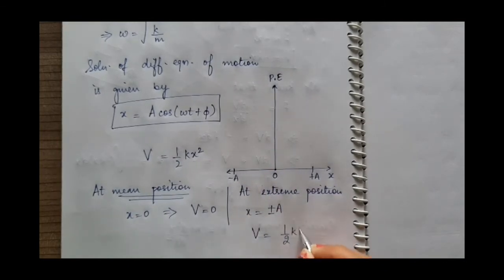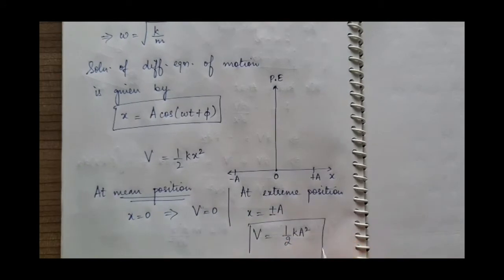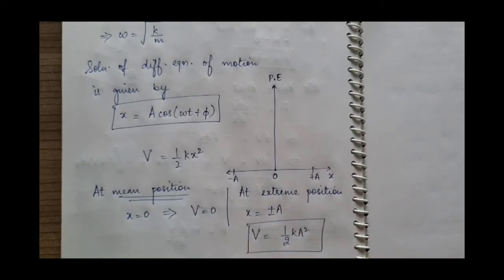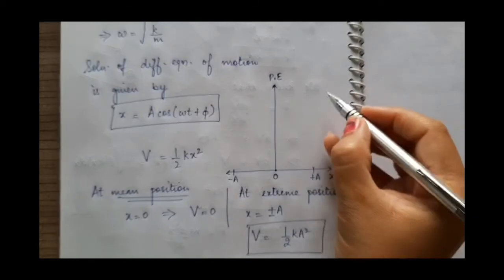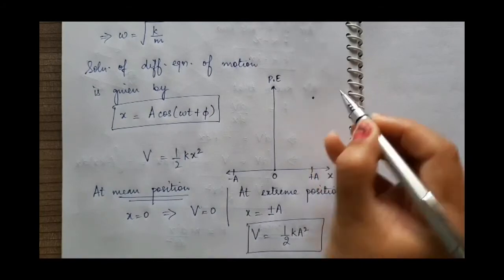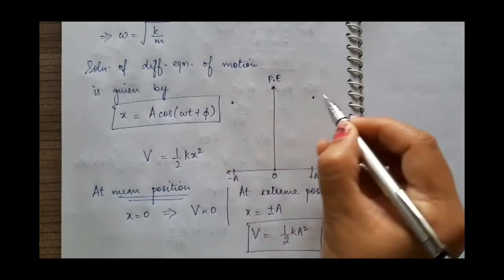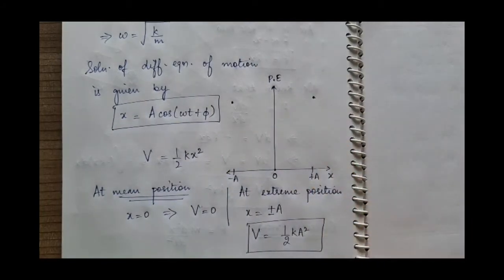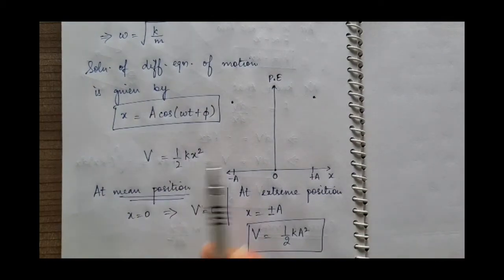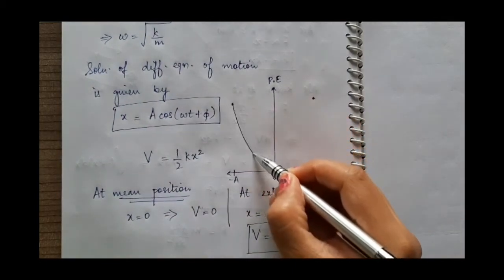Potential energy will be maximum at the extreme position. So at the extreme position, we know that kinetic energy is 0 and potential energy is equal to total energy. So this will be the value. And as V is proportional to x square, its graph will be parabolic in nature.